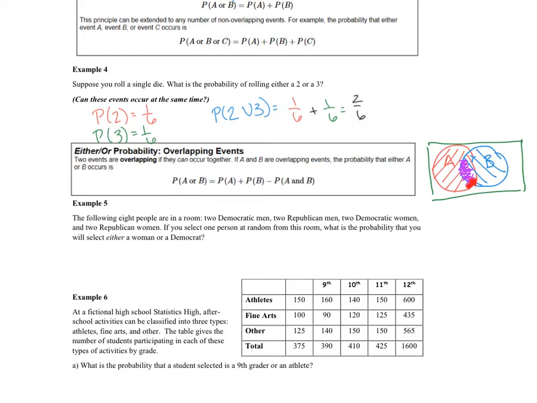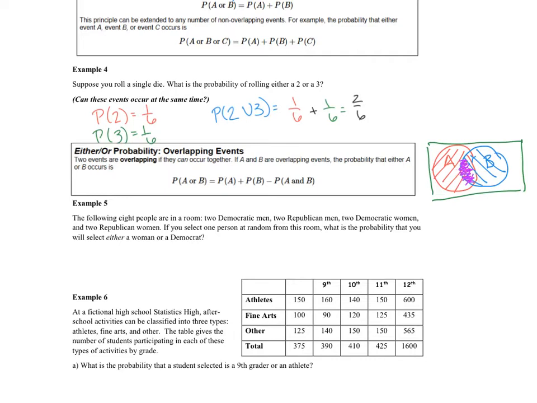And because you've added it twice, you need to go back and subtract it off once to get the final probability. This is called the addition rule. The addition rule says the probability of A or B is the probability of A, all of the females, plus the probability of B, all of the smokers, minus the probability of A and B, the female smokers that we added twice.